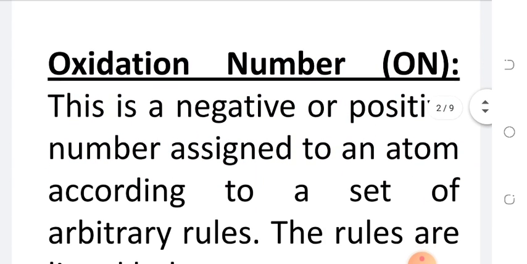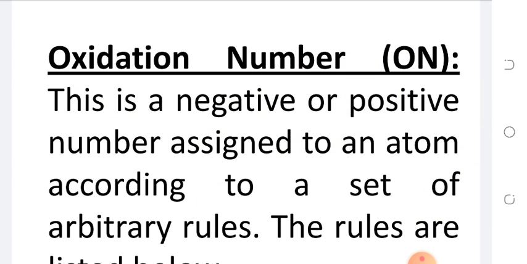Now let's move on to what is oxidation number. Oxidation number is a negative or positive number that is assigned to an atom according to a set of rules. These rules guide in assigning oxidation number to a particular atom or group of atoms. Oxidation number can be likened to valency, but it is not the same thing as valency.